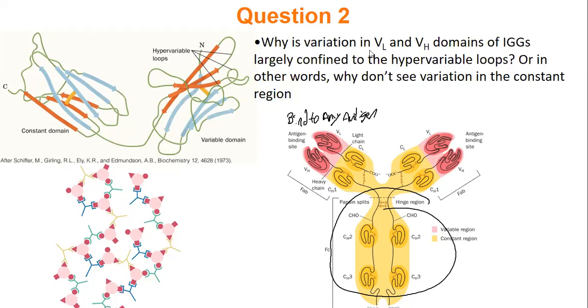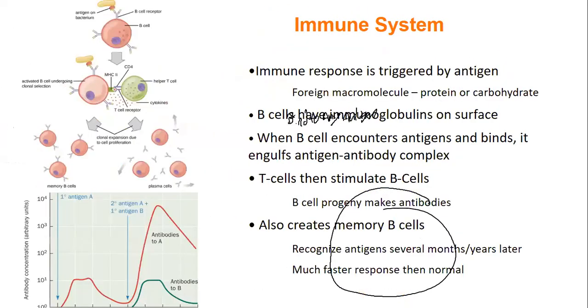So let me go back just a couple slides. Right, so we're talking about how this works. You can see we have our B cell and our B cell receptor, and we have antibodies that can glom onto our B cells or are attached to our B cells. Where they attach, if you look, they're attached right here on the Y. That's our constant region.